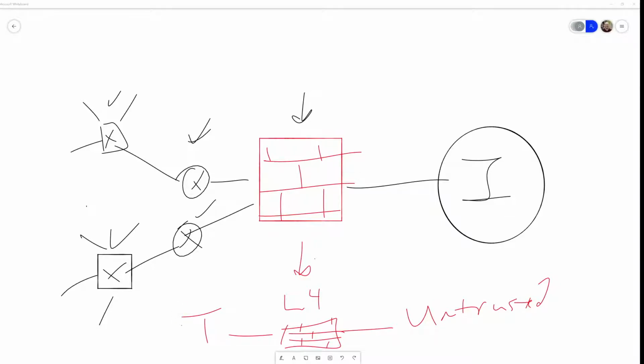Okay, and so the job of this firewall is to protect this environment from traffic that will be coming in this direction.